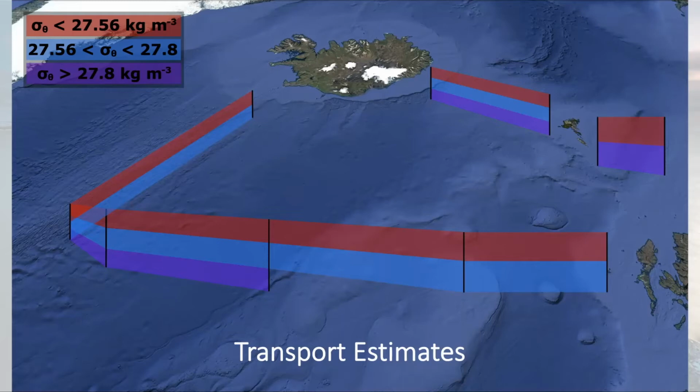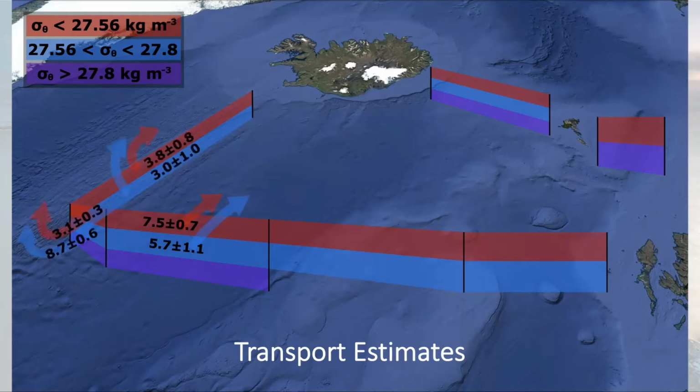And so what I found when I put it all together: as part of my research, I looked at the North Atlantic Current flowing into the Iceland Basin and found that there's about 13 sverdrups of transport there, a little bit more, maybe 60%, in the upper limb.